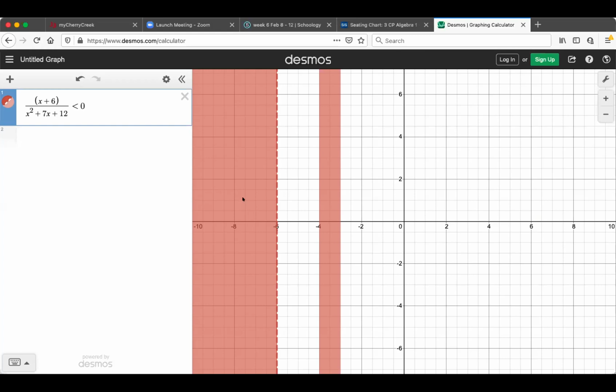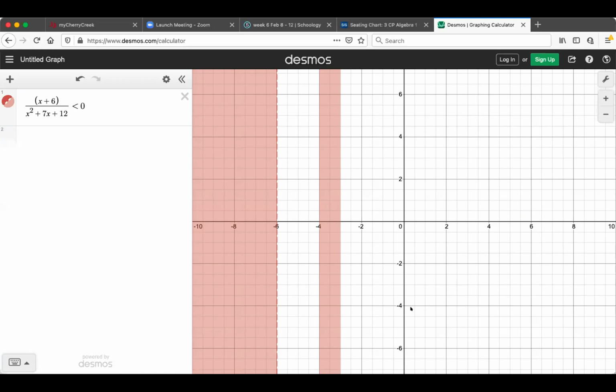Now, it showed up a little wacky, but where I want you to see is this point here. That's -6, that's -4, and that's -3. So -6, and then -4, -3.